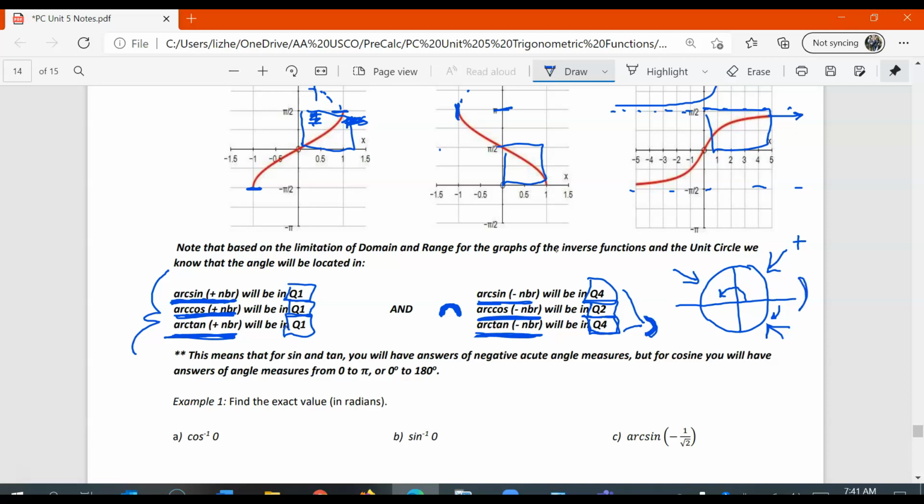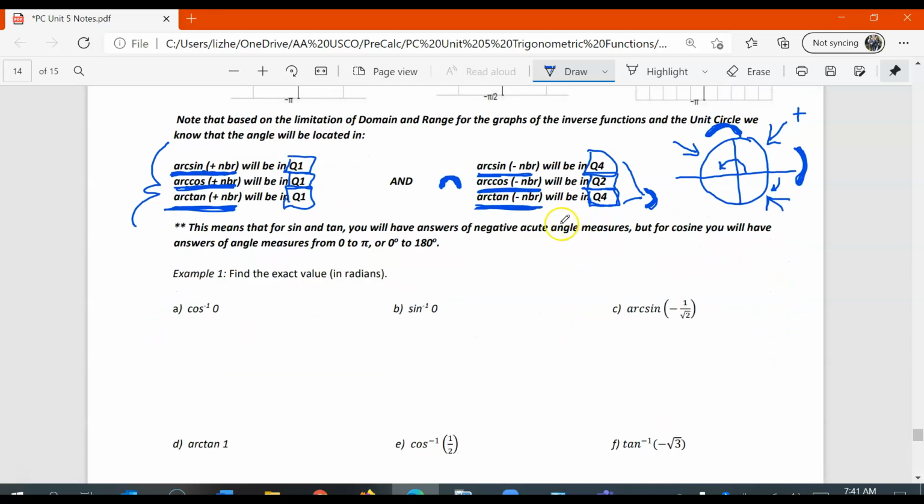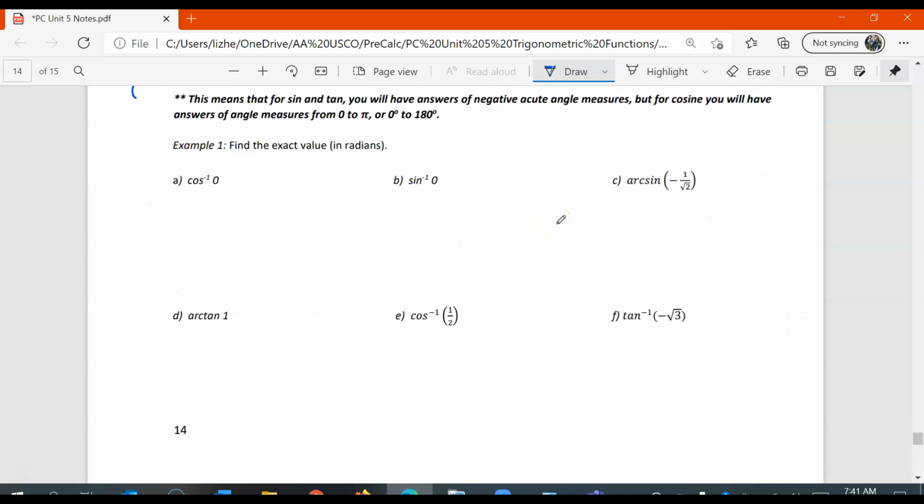Because those are quadrants 1 and 4, and cosine is quadrants 1 and 2. I don't remember the details of that little memory trick. You just need to know it.